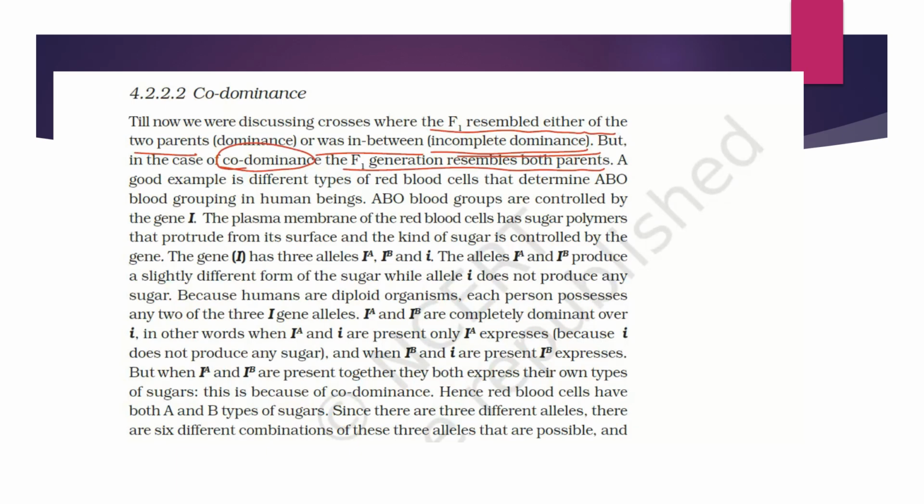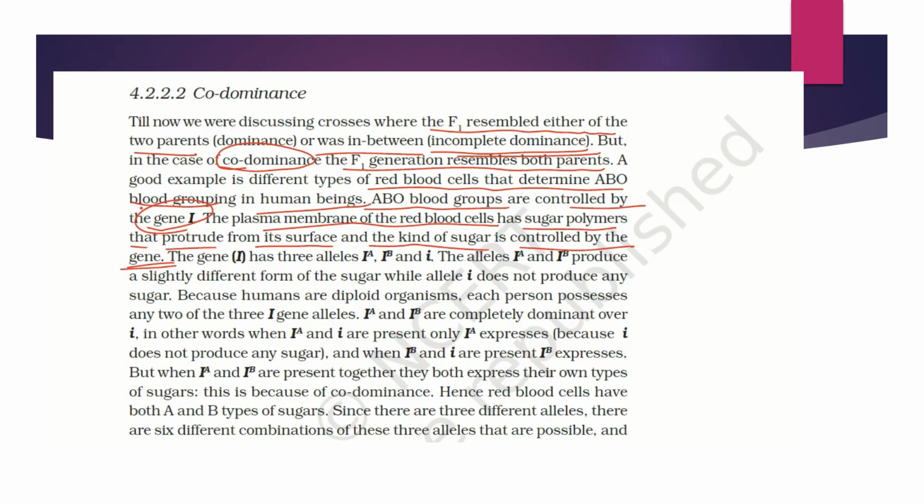A good example of it is the red blood cells that determine the ABO blood grouping in human beings. Let us understand what is happening here. ABO blood groups are controlled by the gene I. The plasma membrane of red blood cells has sugar polymers that protrude from its surface, and the kind of sugar is controlled by the gene.